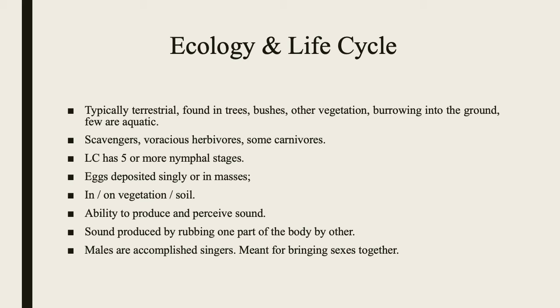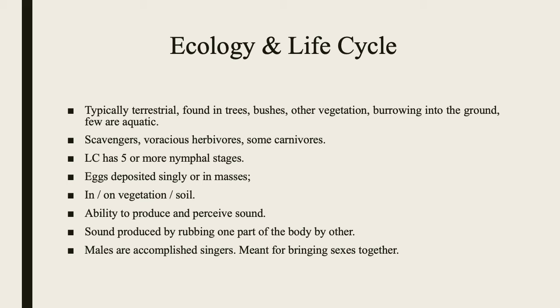Their life cycle has 5 or more nymphal stages. Their eggs are deposited either singly or in masses, either in or on the vegetation or in the soil. These insects, orthopterans, have the ability to produce and perceive sound also.